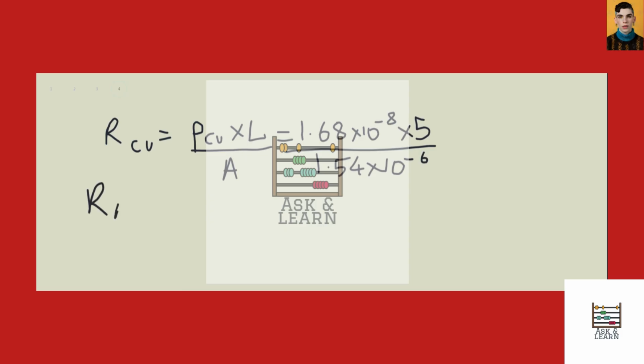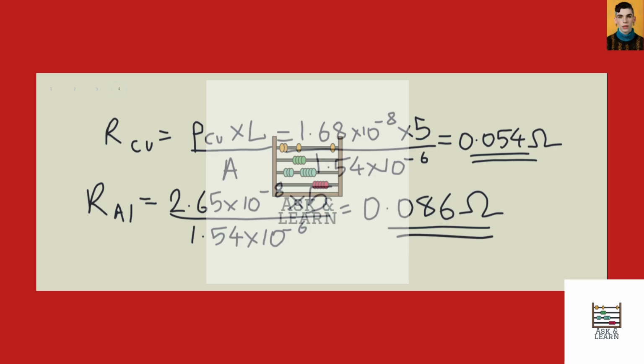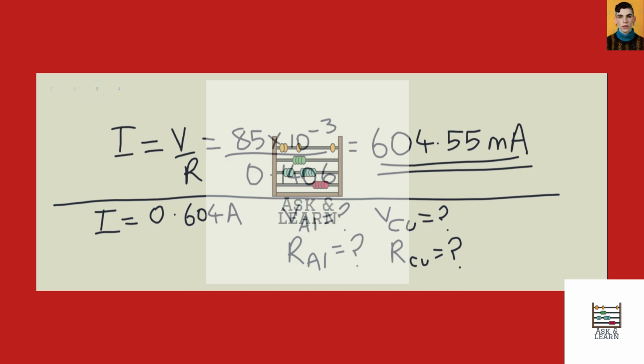Similarly for aluminum, it's going to be 2.65 times 10 to the negative 8 times 5 divided by 1.54 times 10 to the negative 6. After evaluating the resistances of each of the sections, I get 0.054 ohms for the section of copper wire, and 0.086 ohms for the aluminum.